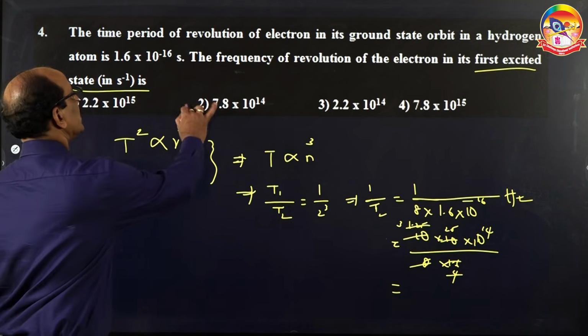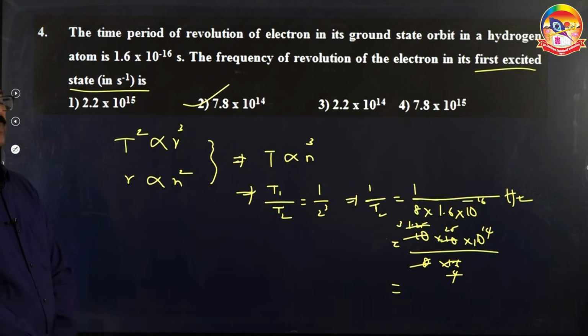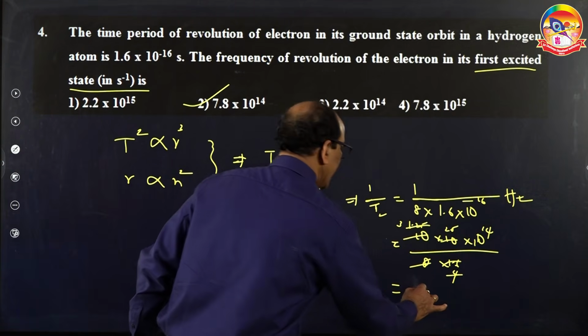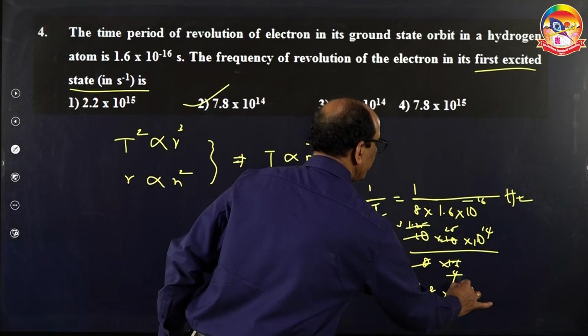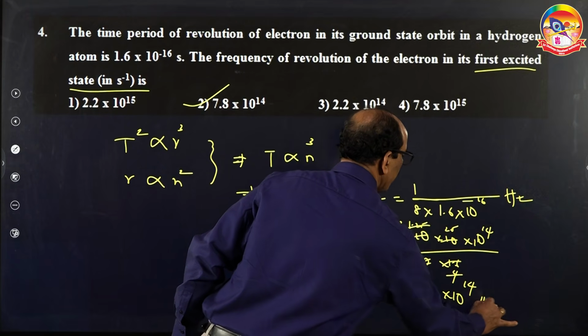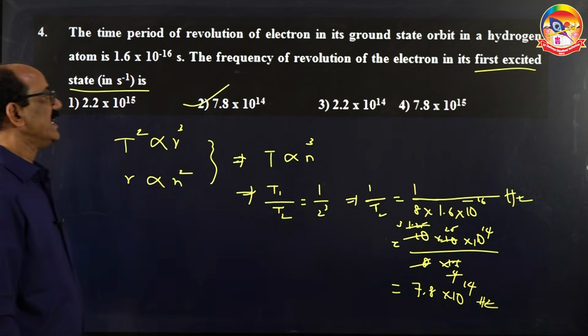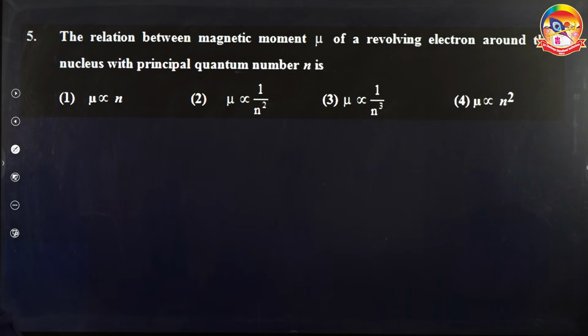That is, the closest answer is 7.8 into 10 power 14. You can find approximate answers too, and we can write this many hertz or this many per second. Then let us look at another problem.